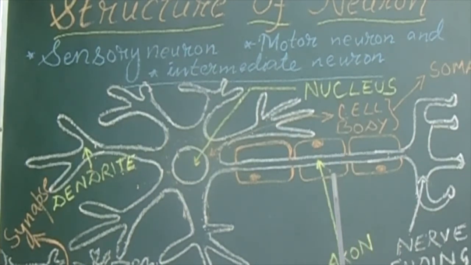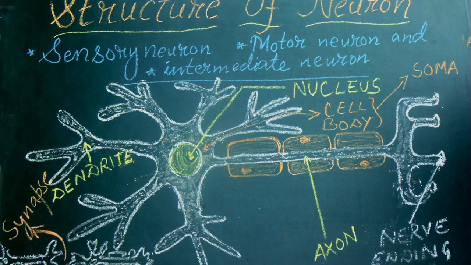When you are walking on a road, suddenly if a thorn pricks your foot, your hand moves suddenly to your leg, and this action takes place within a fraction of seconds, and that action is performed by these neurons. So the neurons carry the information or impulses very fast. They work within a fraction of seconds.